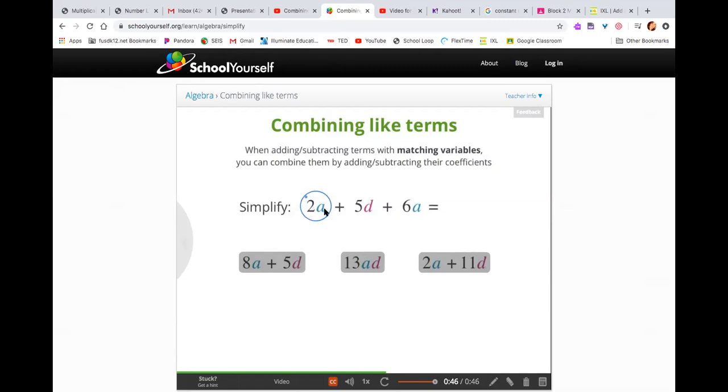So all the A's, I'm going to put a circle on, and I have 2 A's. And then I'm going to put squares around the other variable, which is D. So now I can match my like terms.